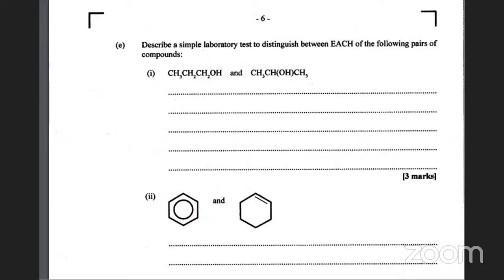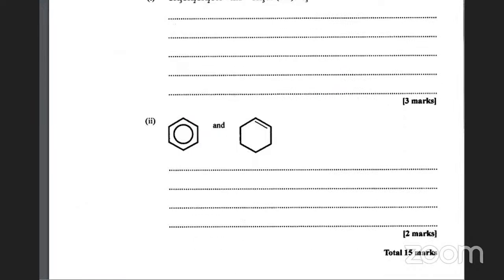So which reagent can we use to distinguish between benzene and the alkene? Liquid bromine. All right, we could use bromine. Whether liquid or aqueous, doesn't matter. So you could use the liquid, you could use aqueous bromine.